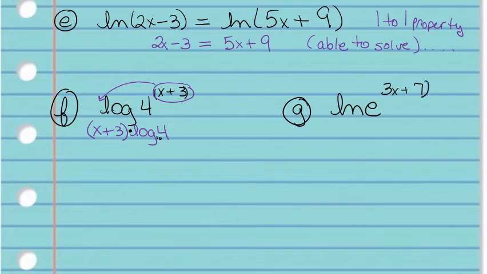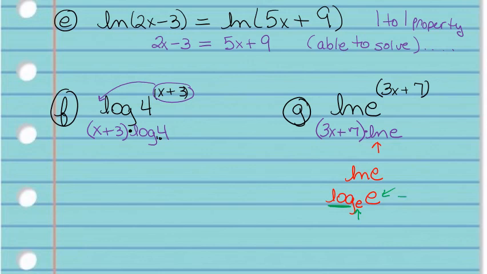We can take the 3x plus 7, and it becomes a multiplier of natural log of e. Now, what you may not know is that the natural log of e means log base e of e, which is asking the question, what exponent turns e into e?